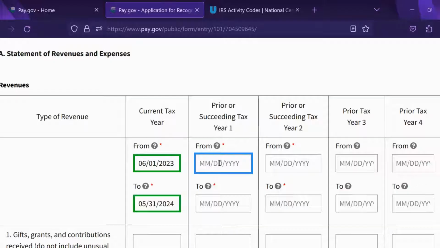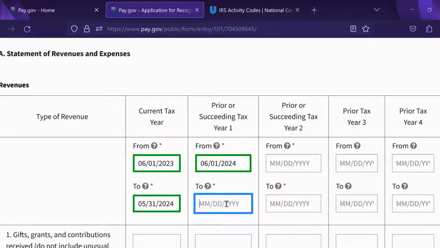And the following year will be 06/01/2024 to 05/31/2025.